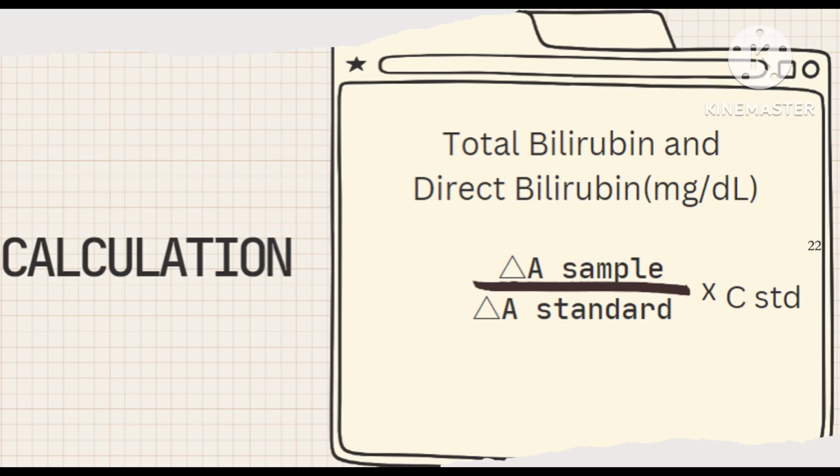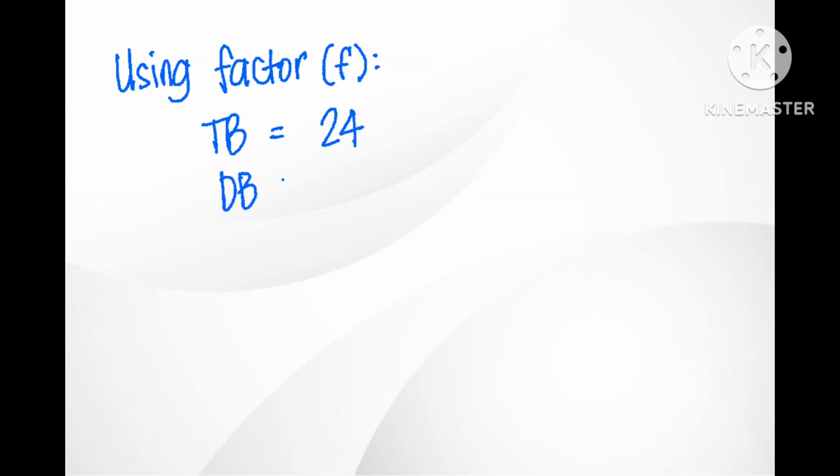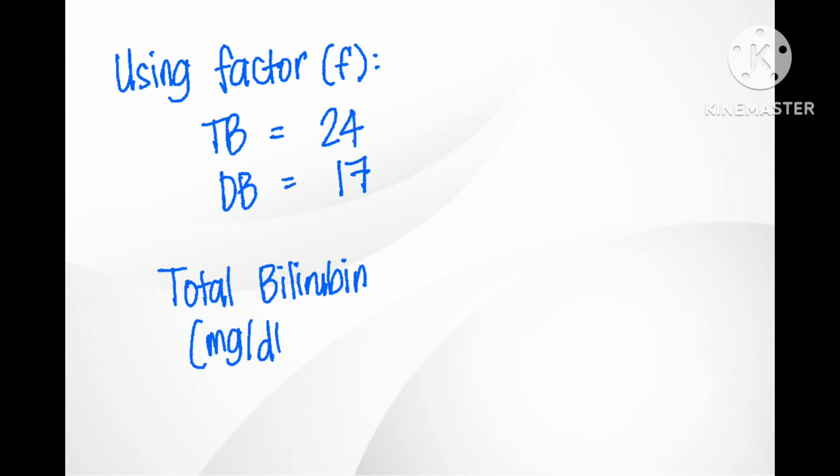But since our manufacturer provided a factor instead of the concentration of the standard, the way to compute the value for total bilirubin and direct bilirubin would be this way. Remember earlier that for total bilirubin, the given factor was 24, and for direct bilirubin, the given factor was 17.